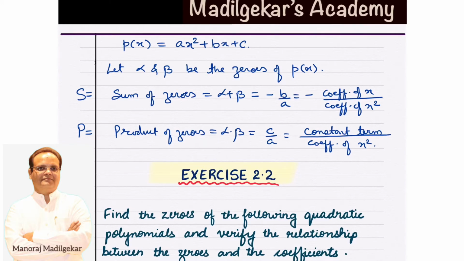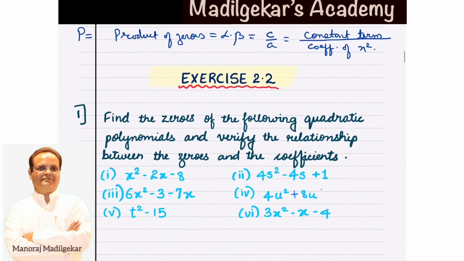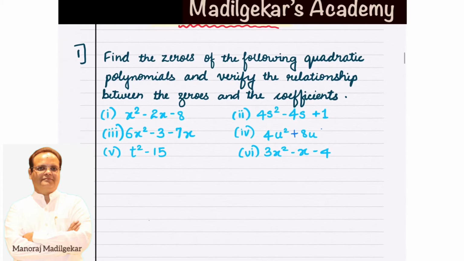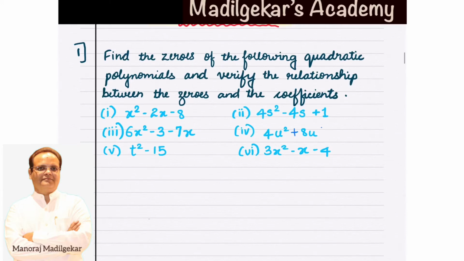Let's solve examples. Exercise 2.2, question number 1. Find the zeros of the following quadratic polynomials and verify the relationship between the zeros and the coefficients. So here we have to first find the zeros of the quadratic polynomial. This you have already studied in previous class, how to factorize a quadratic polynomial.